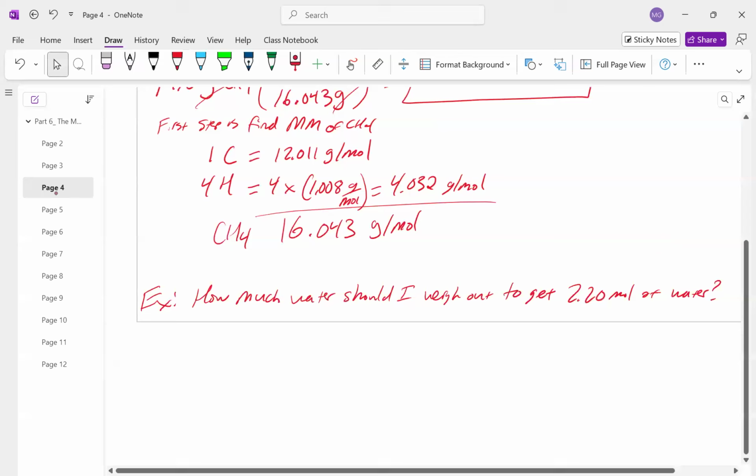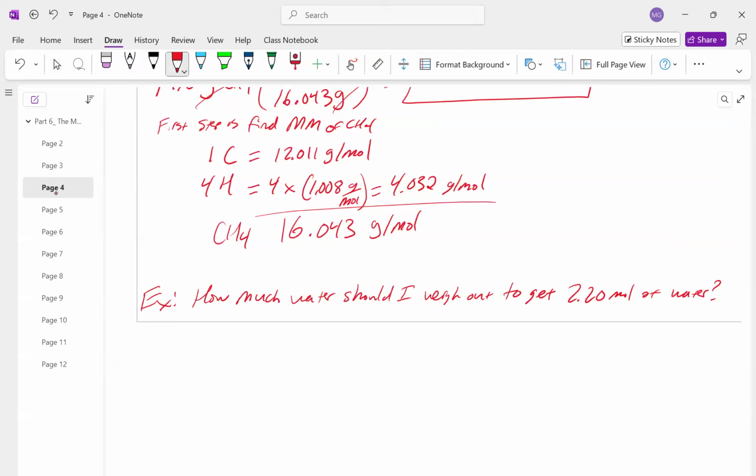Okay, so I'm going to start by setting up a conversion factor. I'm given 2.20 moles of water. And I know I can go from moles to grams if I knew the molar mass.